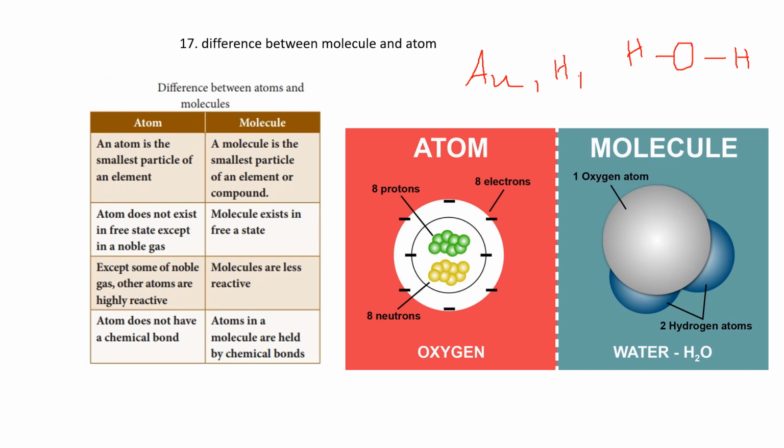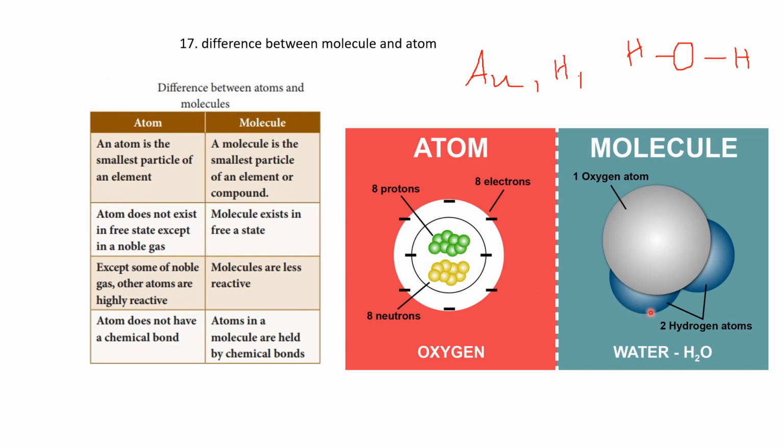So in molecules, the atom does not exist in free state except in a noble gas, but molecule exists in a free state. For example, this is a water molecule, they will be free and stable. Why? Because this is a full molecule, so the water molecule is stable, whereas oxygen always has the capability to combine with hydrogen.